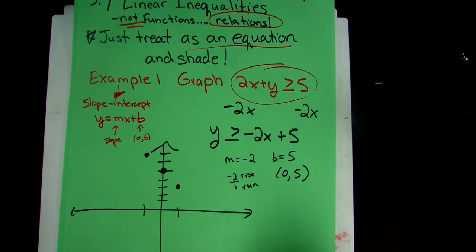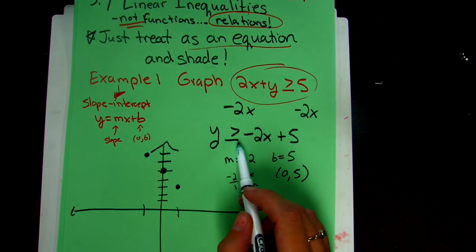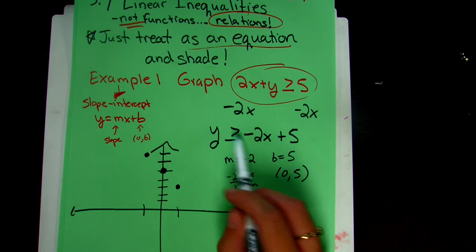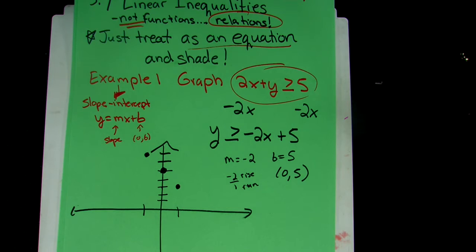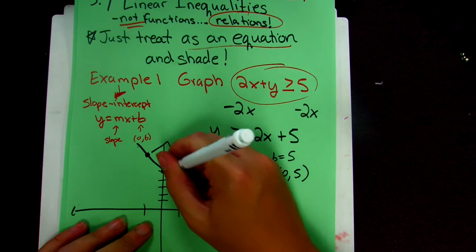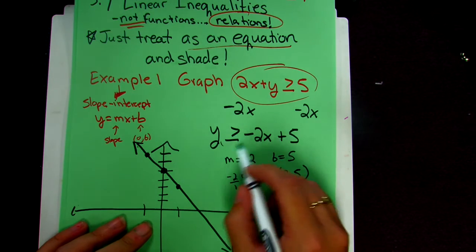That's my second point. So since my equation is greater than or equal to this line, that means that it could be equal to the line. So when I sketch the line, I want to make it a solid line because it could be equal to the line, right? That's what this piece means here.